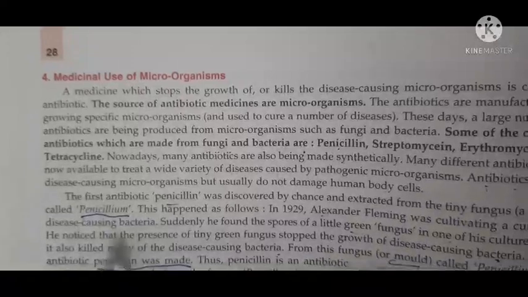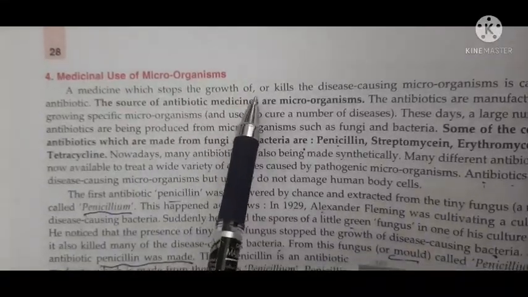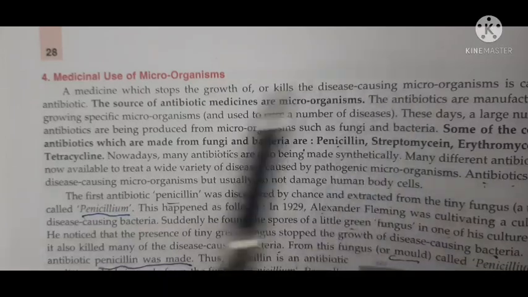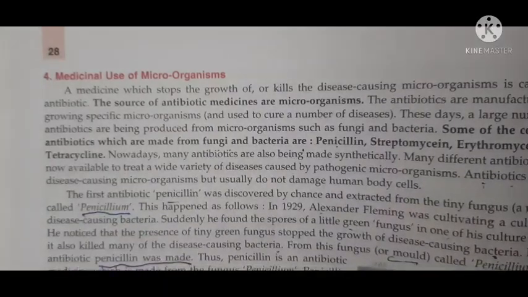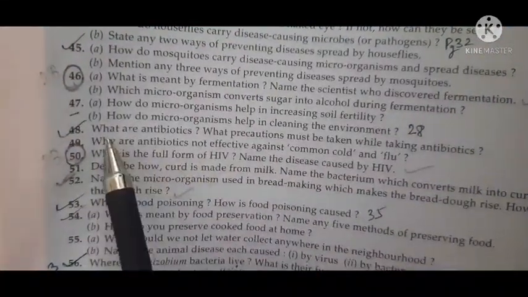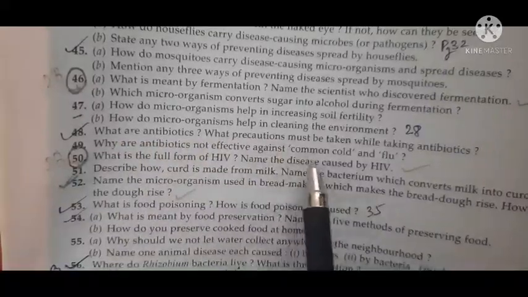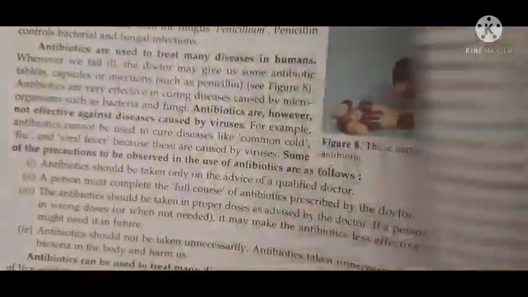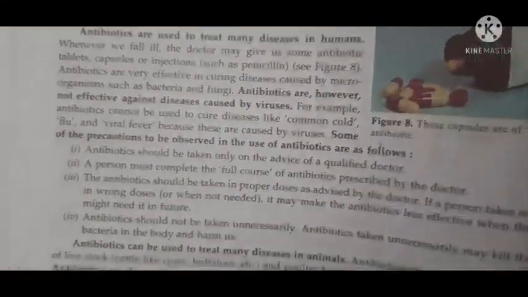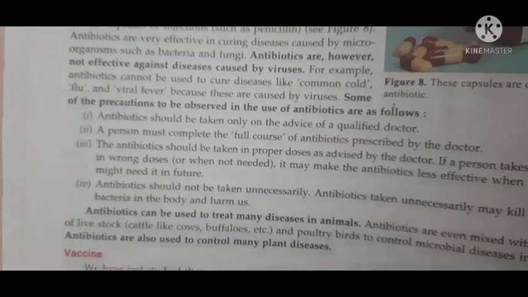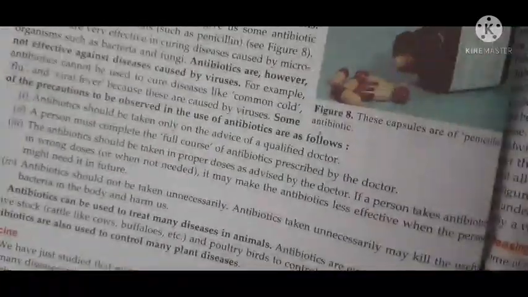A medicine which stops the growth or kills the disease causing microorganism is called antibiotic. Okay, and what is the next part of that question? What precautions must be taken while taking antibiotics? Again open page number 28. It is given here. You can write any 2 or 3 precautions. Understood?